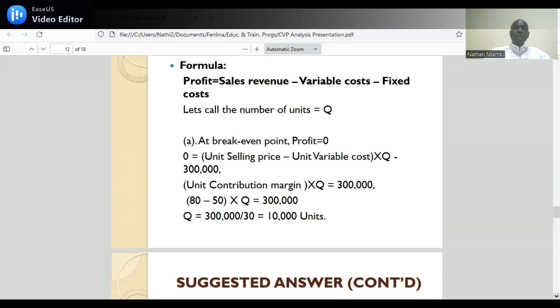And from this, we are able to calculate the unit contribution margin times quantity, giving us 300,000. And by dividing by 30, which is 80 minus 50, will give us 10,000 units to be produced and sold.